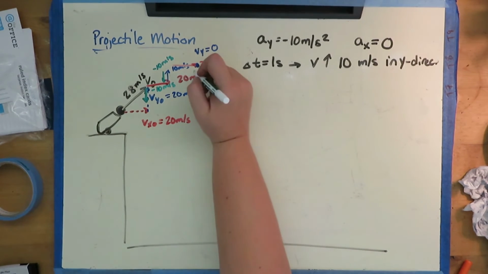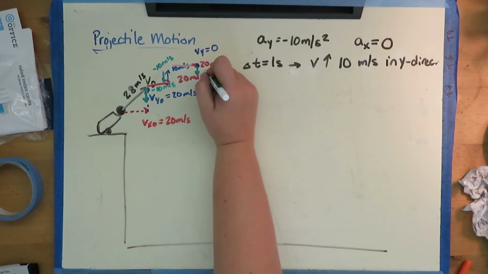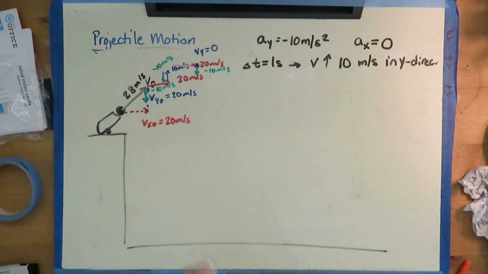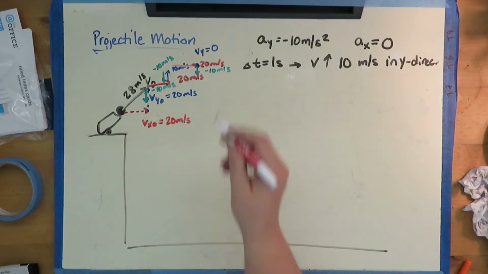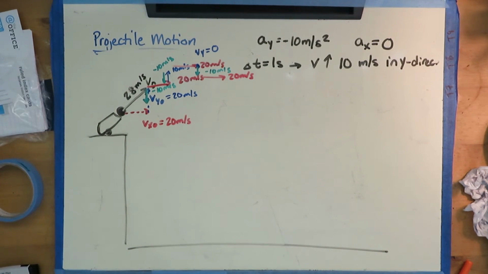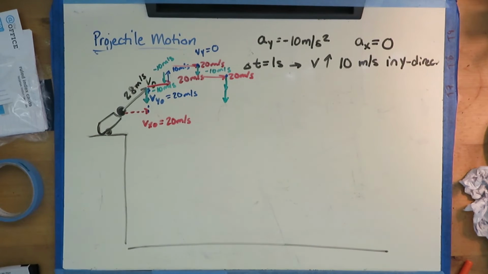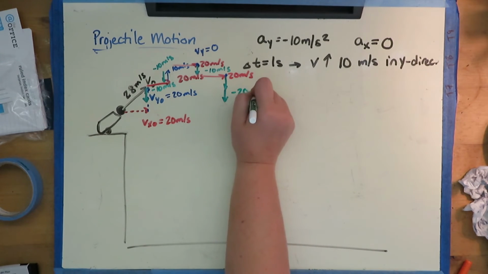Well, in the next second, I'm going to speed up again by negative 10 meters per second, but I'll still have gone that 20 meters per second. So I'm now here. In the next second, I'll be going that negative 10 meters per second plus another negative 10 meters per second. So I'll be going negative 20 meters per second.